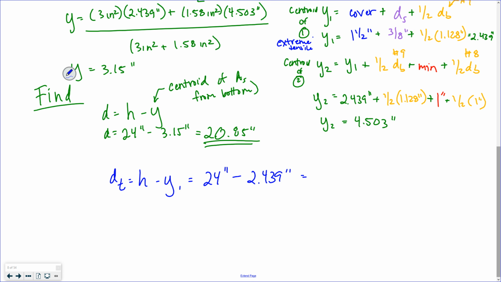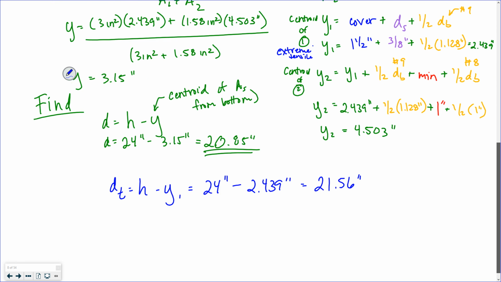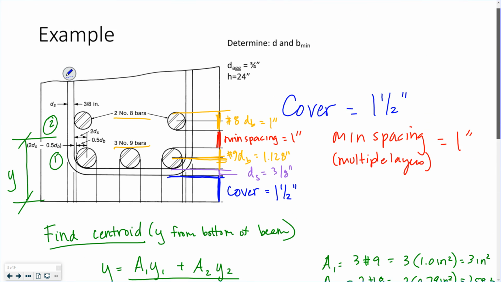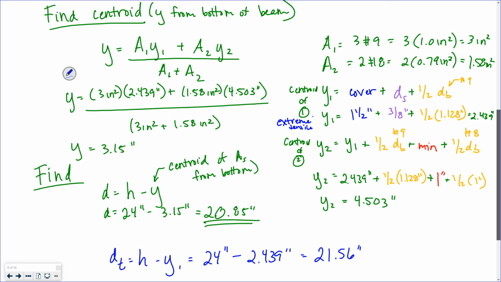Whatever that is. 21 point something. Alright, that's just the distance to the extreme tensile reinforcement that you would use for your phi calculation.